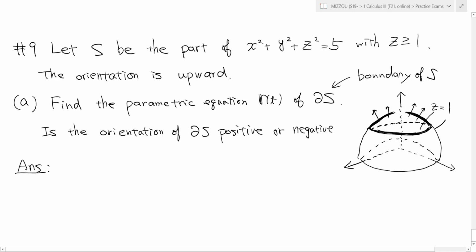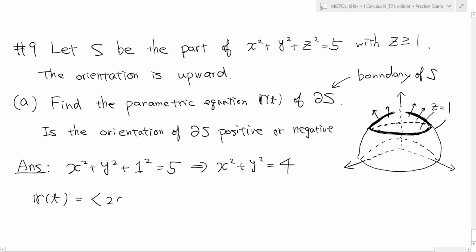But what's the radius? Well, to find it, you plug in z equals 1 to here. So if you look at everything from above, the circle is at z equals 1, and by simplifying this, you get 4. So this is a circle with radius 4 if you look at it from above on the xy plane.